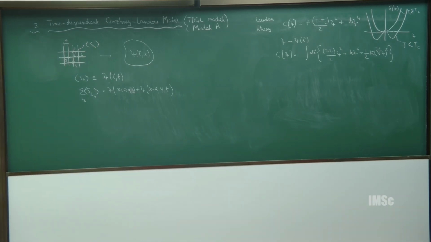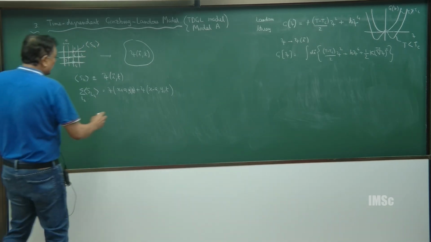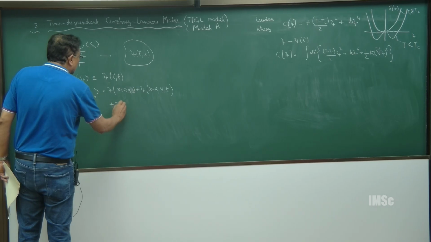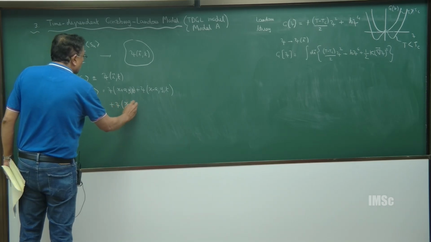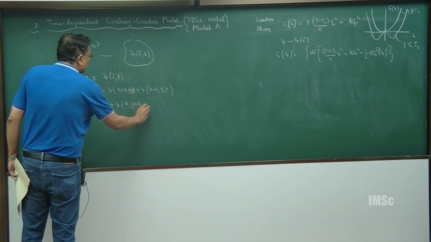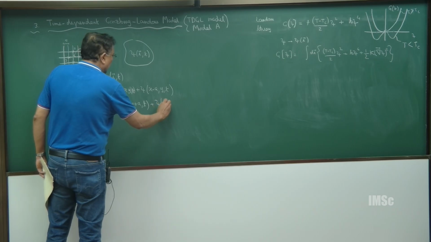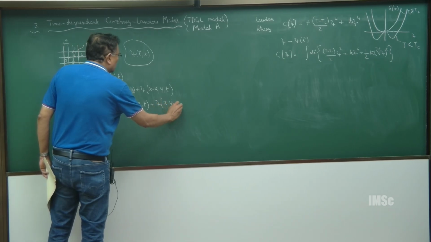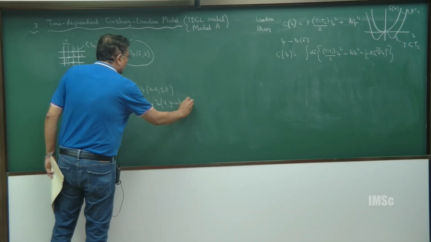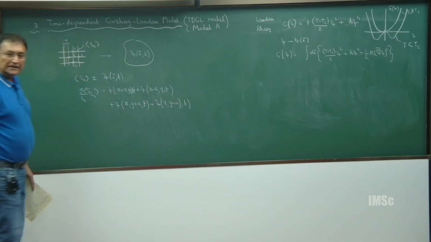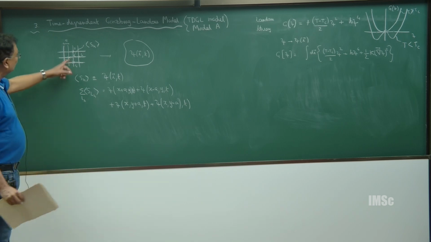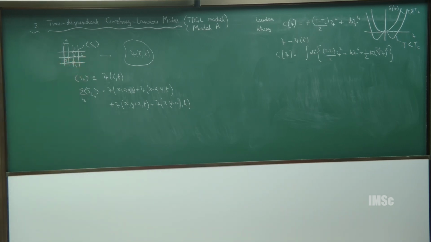That is one pair of nearest neighbors. The next one is plus psi(x, y plus a, t) plus psi(x, y minus a, t), and so on and so forth. For each dimension you have 2 neighbors. Is that okay? That is the expression out here, S_ln.